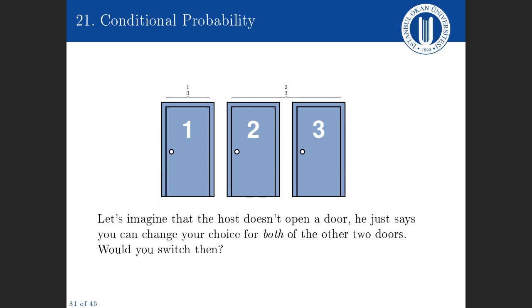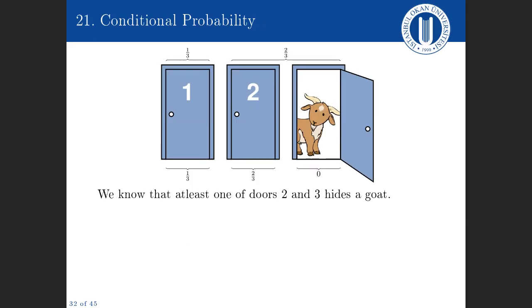Well, I think we would have door number 2 and door number 3, because then we know we have a 2/3 chance of winning the car from 2 doors, and we only have a 1/3 chance of winning the car if we stay with door number 1. But we know that at least one of doors 2 and 3 hides a goat.